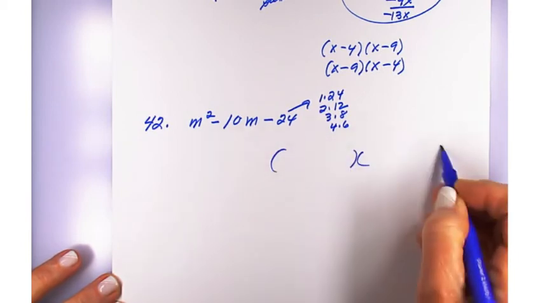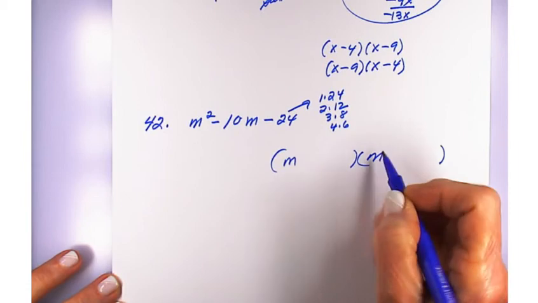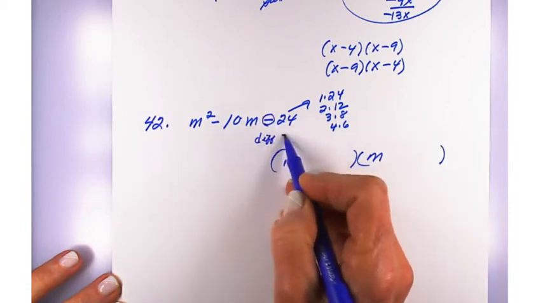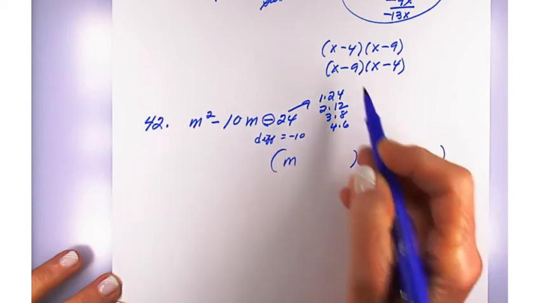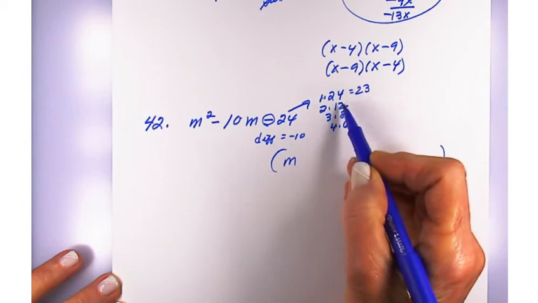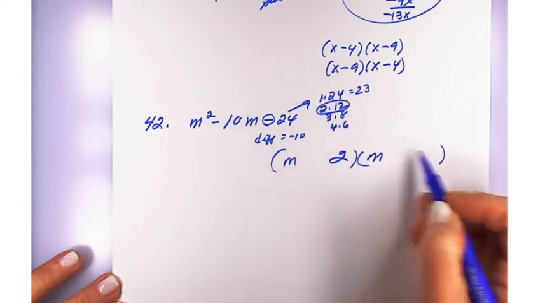So we have M and M. This tells me we want a difference equal to minus 10. 24 minus 1 is 23. 12 minus 2 is 10. So my numbers are 12 and 2.